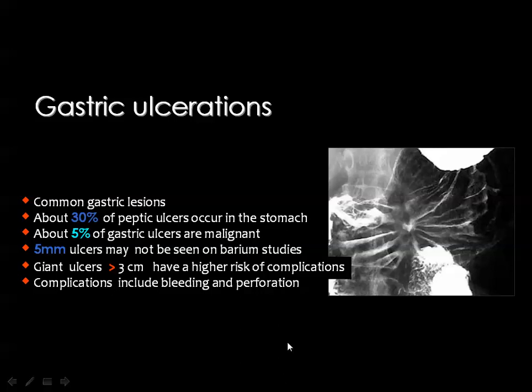If the ulcer is smaller than 5 millimeters, you usually cannot detect it by barium studies. And if the ulcer is larger than 3 centimeters, then the risk of complications is high. And the complications, as you know, include bleeding and perforation.